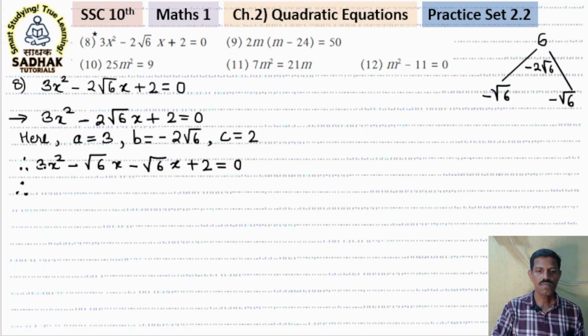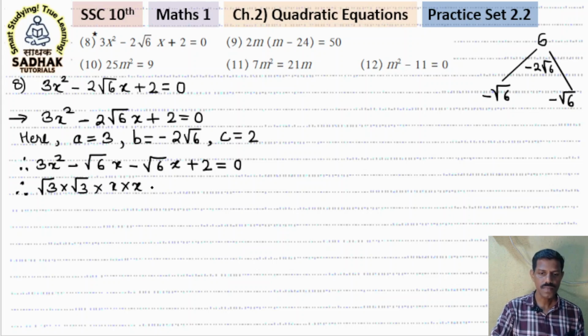Now this 3 we can write as √3 multiplied by √3. I hope you agree. Just as here we have written 6 as √6, in the same way we can write 3 as √3 multiplied by √3, and x² as x multiplied by x.